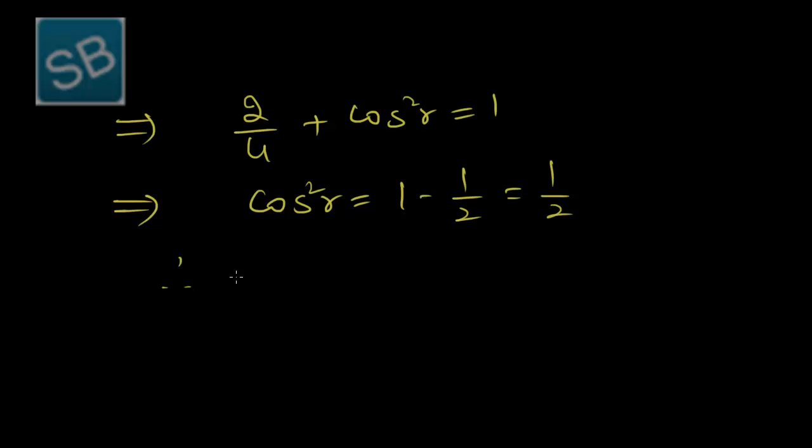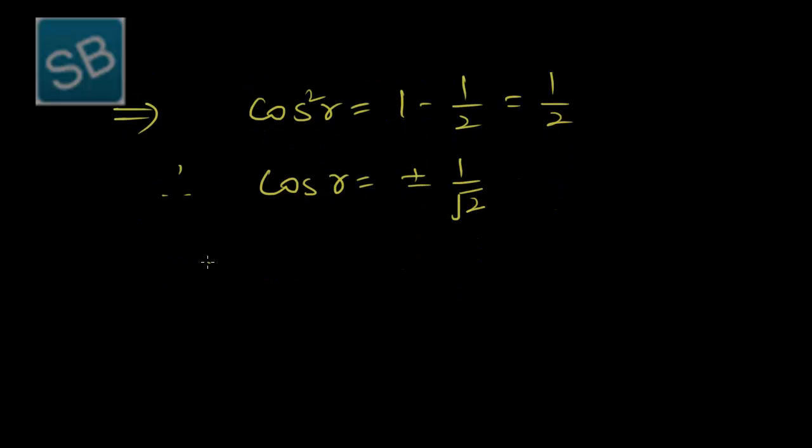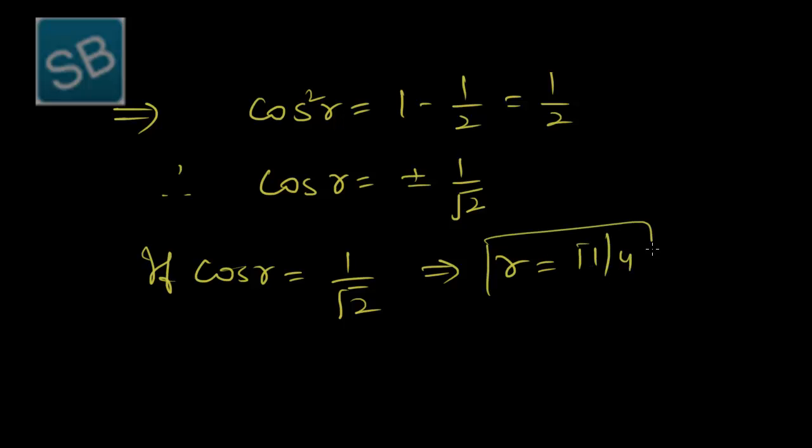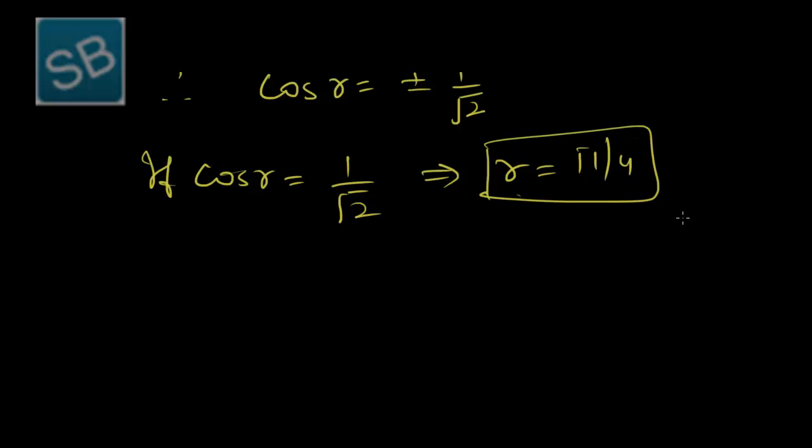Therefore, cos gamma is equal to plus or minus 1 over √2. That is, if cos gamma is equal to 1 by √2, that implies gamma is equal to pi by 4. That is, the z-axis makes angle pi by 4 with vector x.